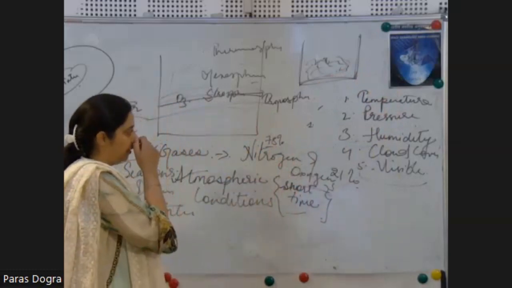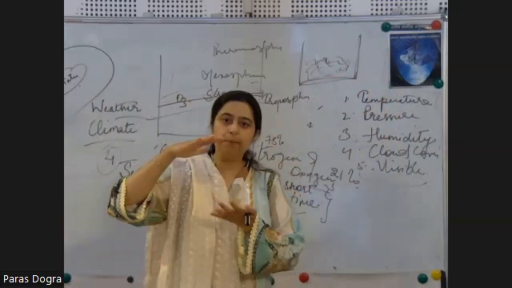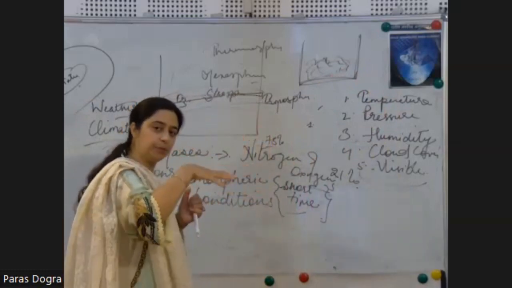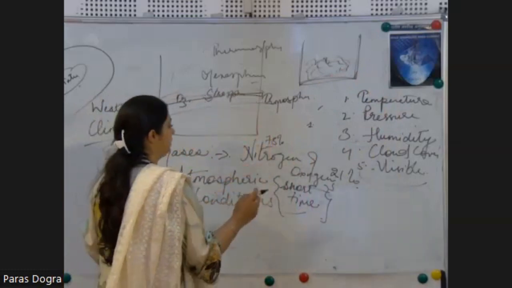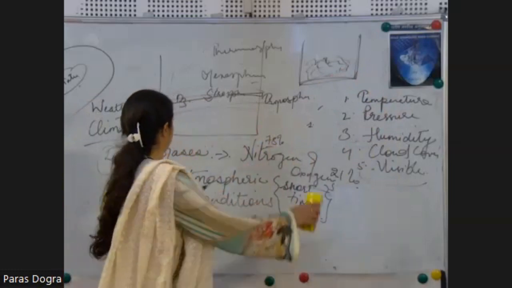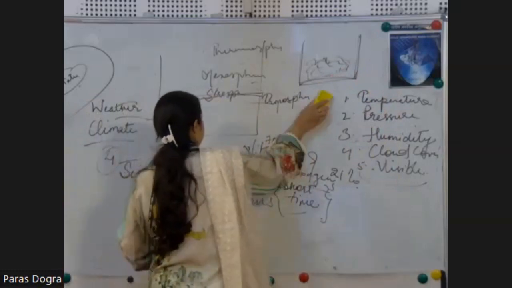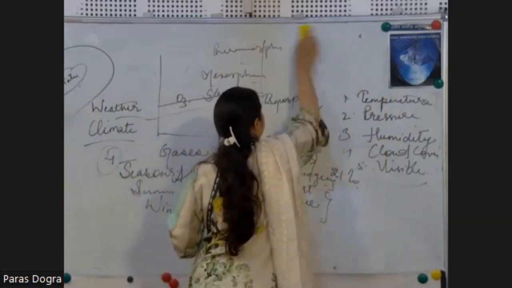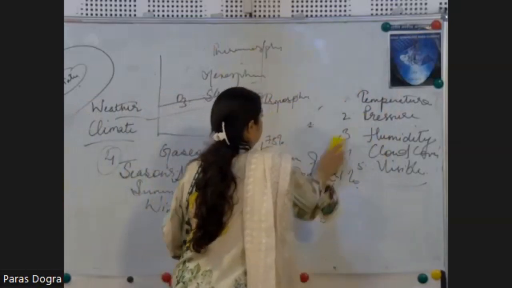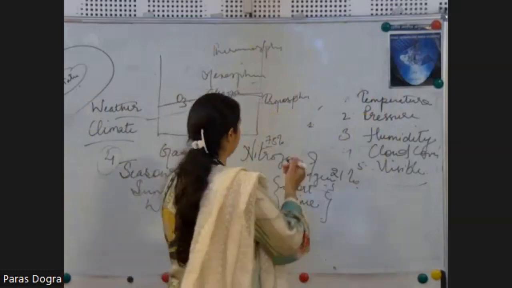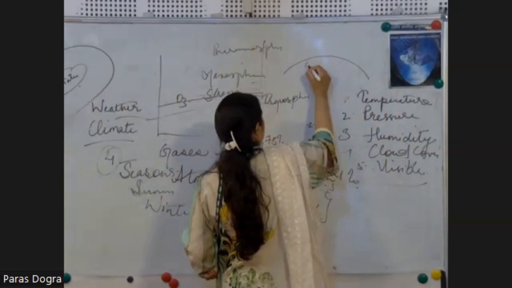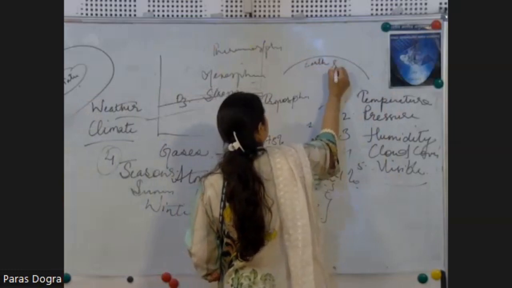Then we have pressure. Pressure is a particular column of air exerting its pressure on the surface of the earth. So let me just clear this and draw this again. Let's say this is the earth surface.